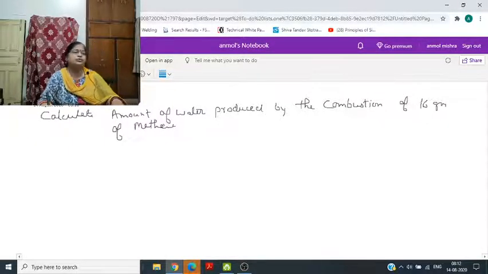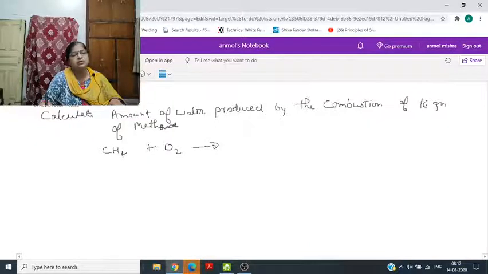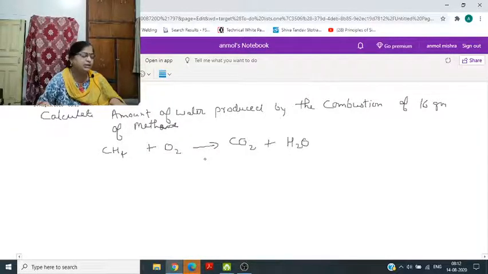So first we should know how to write down the reaction of combustion of methane. This we have studied in class 10th, when methane reacts with oxygen, it forms carbon dioxide and water. First step is write down the chemical equation. Then second step is balance it. If we balance it, it will be 2 moles of oxygen and 2 moles of water.